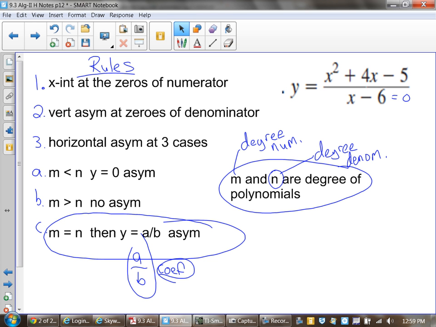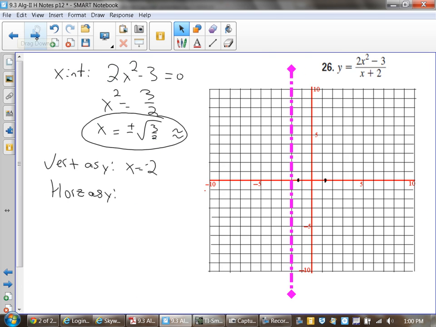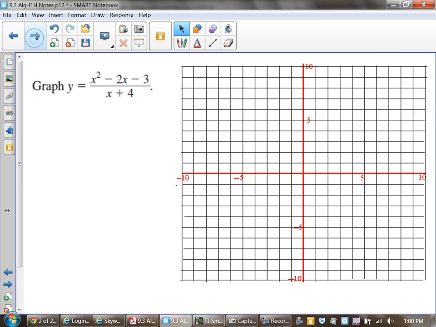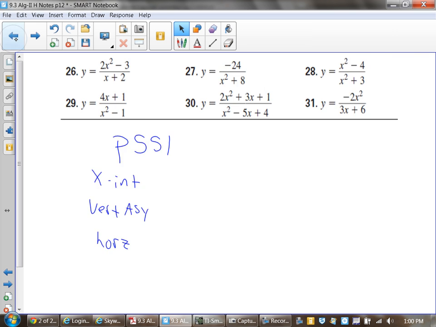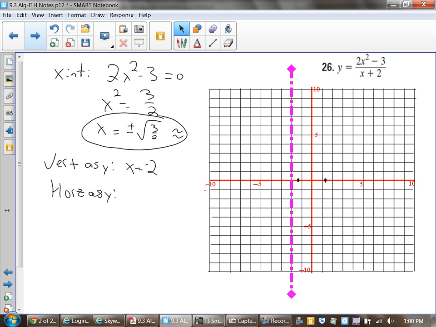It does happen, okay? I think we talked a little bit about that yesterday. I just want to re-emphasize that. So in this problem, we have no horizontal asymptote, so I just write down none.